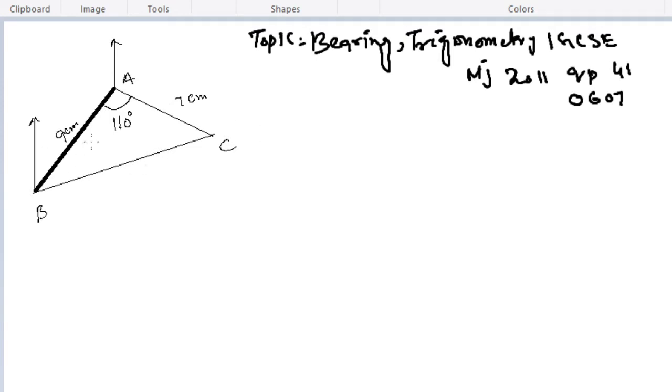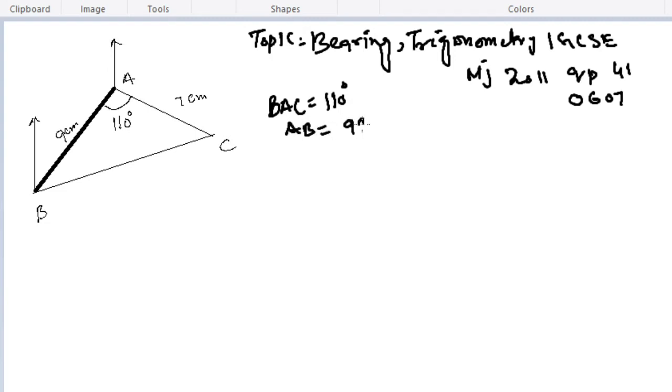AB is 9 centimeters and AC is 7 centimeters, and angle BAC is given to us, that's 110 degrees. What is the AB length?